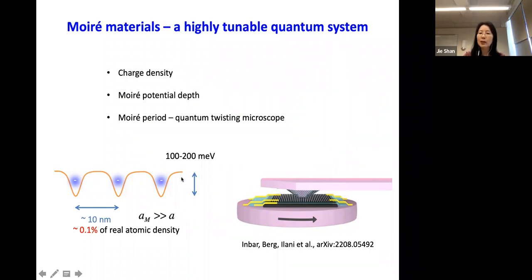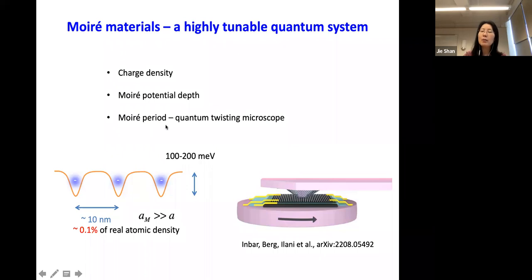I mentioned the depth of the potential, typically on the order of 100 to 200 millielectron volts. And this is controlled by the corrugation between the bilayers and also interlayer hopping. So you can use the displacement field, the perpendicular electric field, to tune this. So this is also quite tunable.